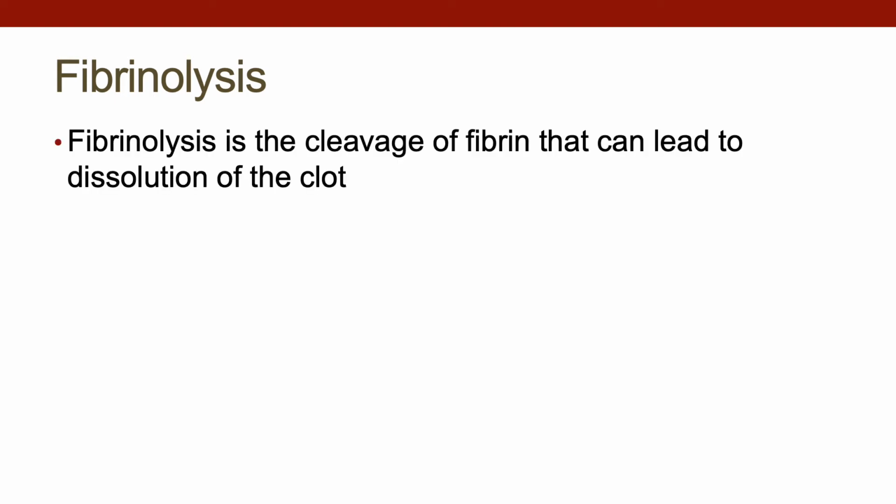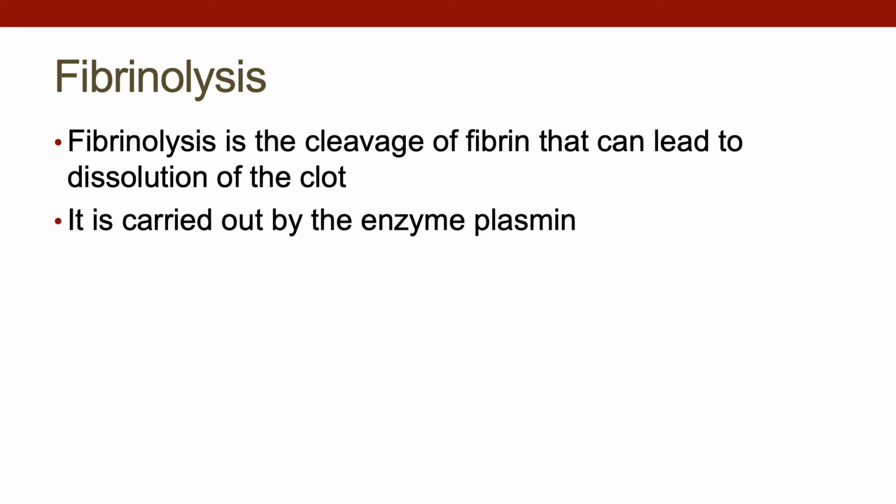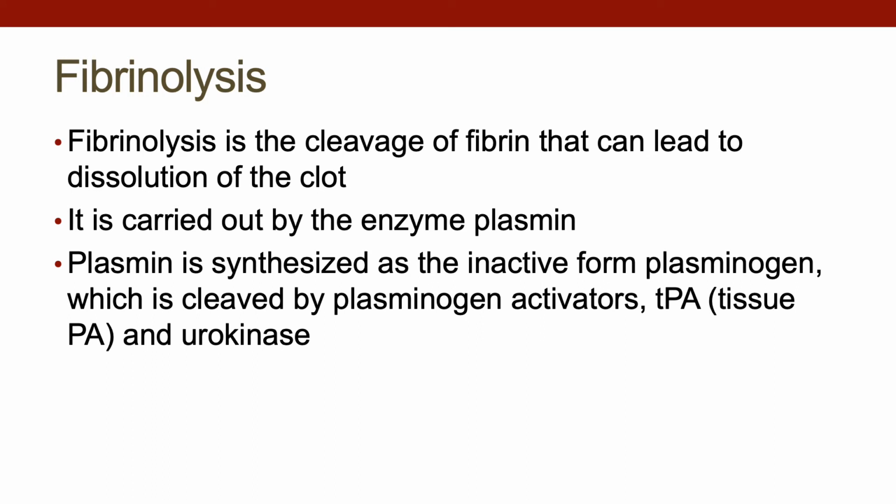So there is a way to reverse even after you've made a fibrin clot, and it's called fibrinolysis. Fibrinolysis is the cleavage of fibrin that can lead to dissolution of the clot. And it's carried out by an enzyme, plasmin. And again, plasmin is synthesized in an inactive form, plasminogen, which is cleaved by plasminogen activators.